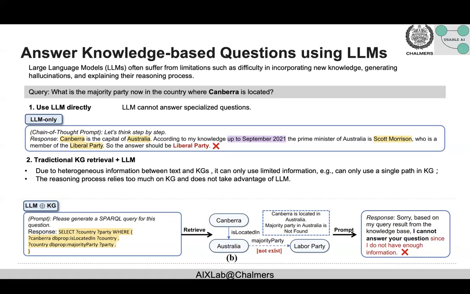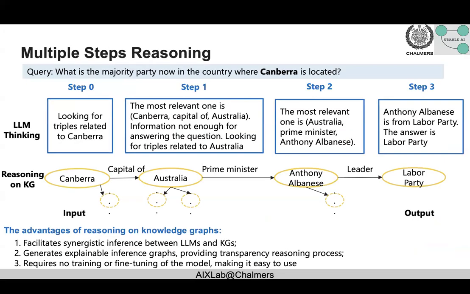And then if we directly retrieve the information from the knowledge graph, like using a SPARQL query, and then answer the question, this way we don't make full use of the LLM to explore the knowledge graph. So nowadays, a lot of research combines knowledge graphs with LLMs in this way: reasoning on the knowledge graph step by step.